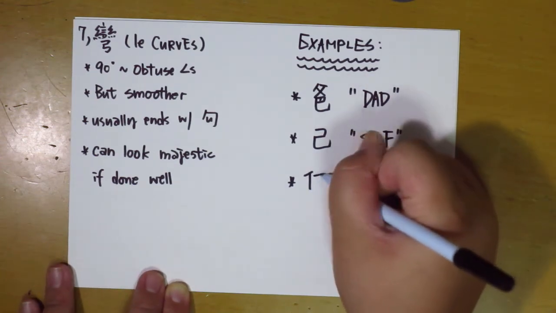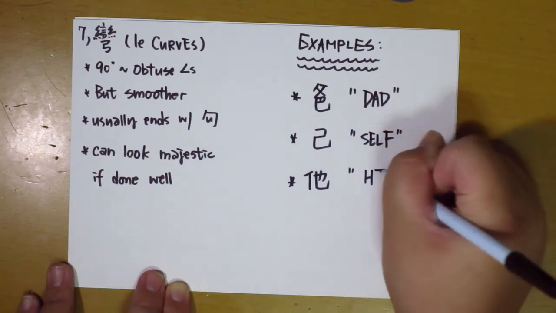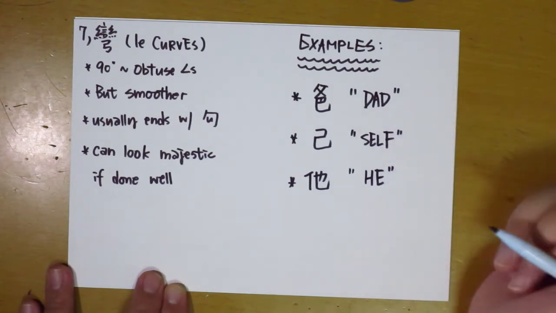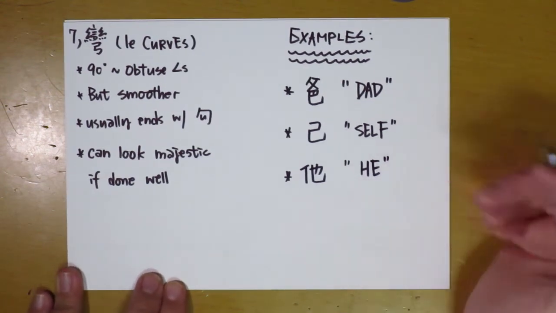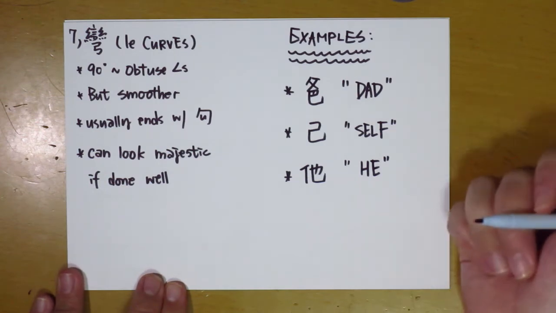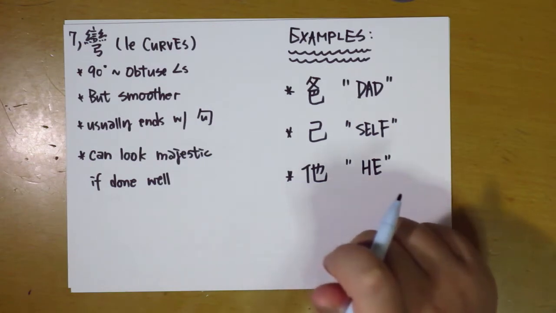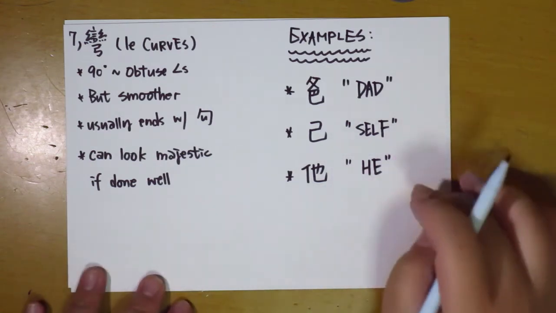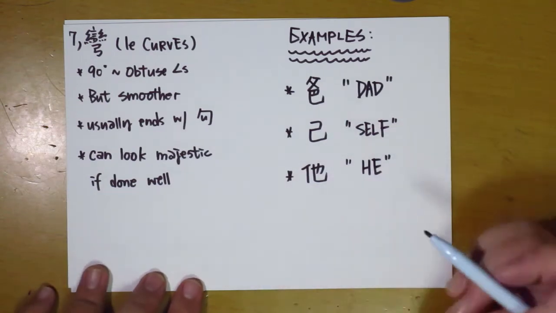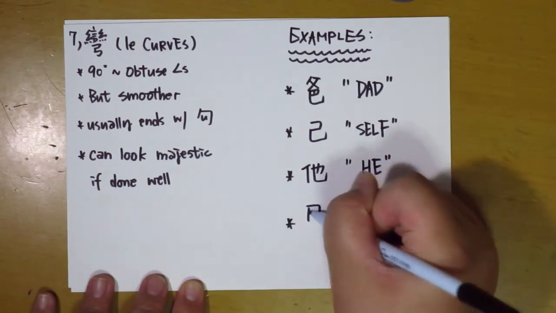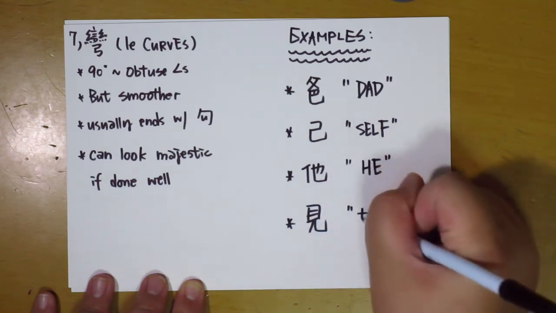This one is ta, which means he. In the written form, we don't really use ta in the spoken form. We use koi to refer to he, she, it. So he, ta, is only used during writing. The last one is gin, means to see.